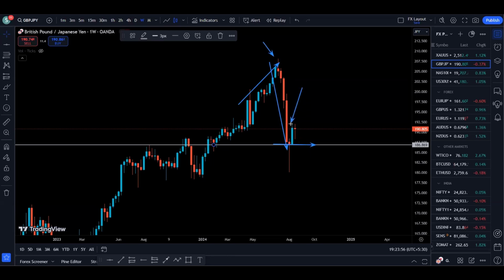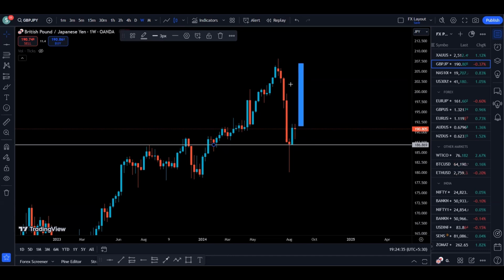As we can see, this weekly candle closed bullish, which basically forms a support, and the last weekly candle closed bearish with a small body. Basically we closed above the support. So right now there is a very high probability that if the next weekly candle opens in this area, comes down, creates a bottom wick, but does not break the low of this small bearish candle, and once we break the high of this previous bearish candle, there is a very high probability for the price to continue going up.